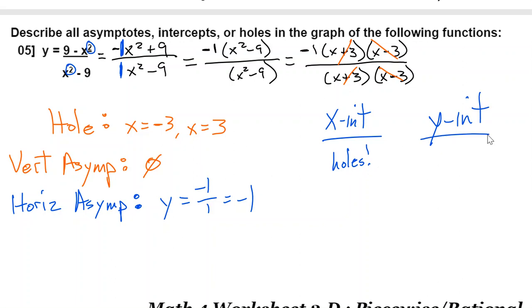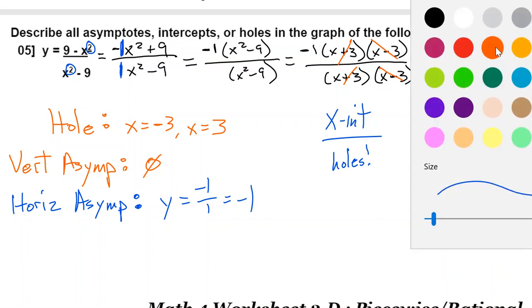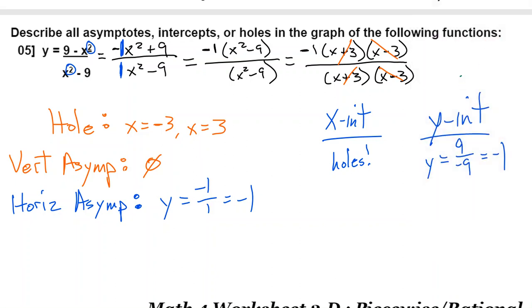Y-intercept, I guess you would say that we have technically a +9 on top and we have a -9 on the bottom, which we already have a horizontal asymptote. Yeah, that's fine.